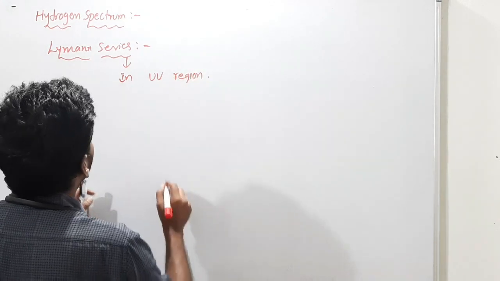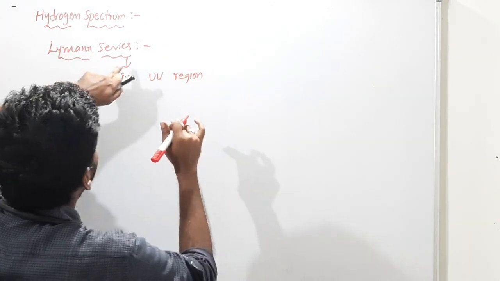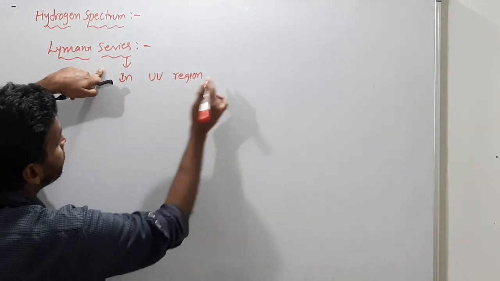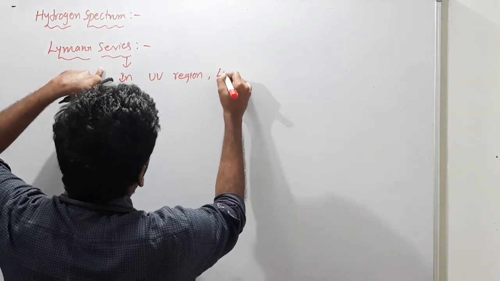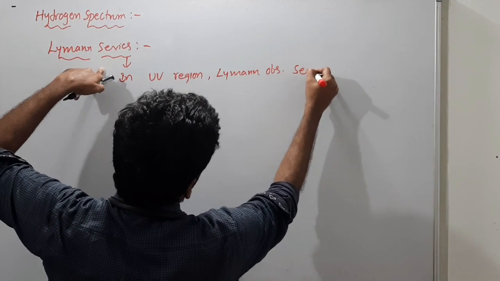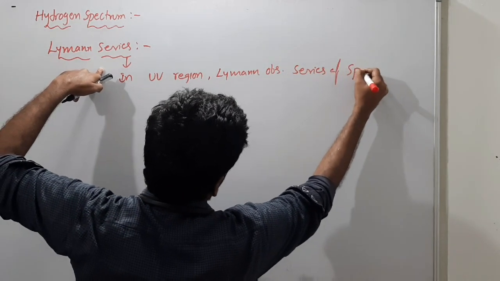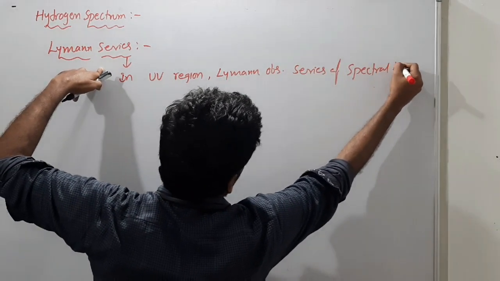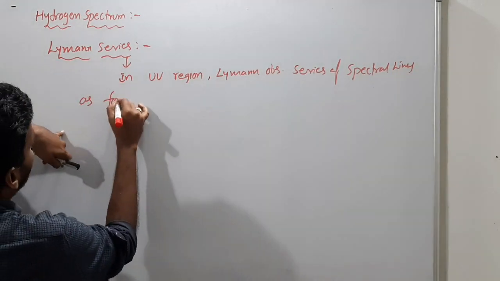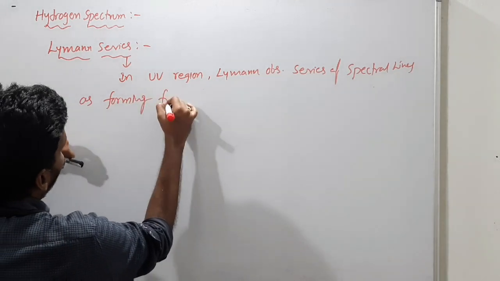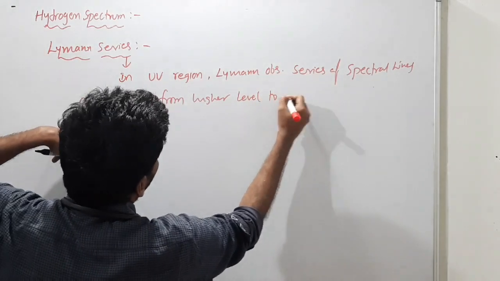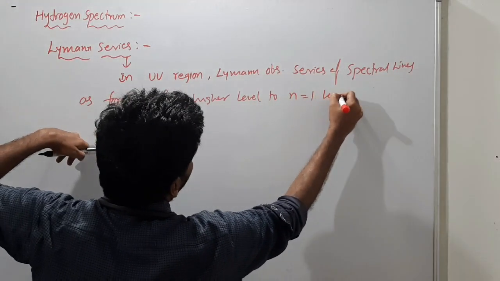Lyman observed a series of spectral lines formed from higher levels to the n equal to 1 level.